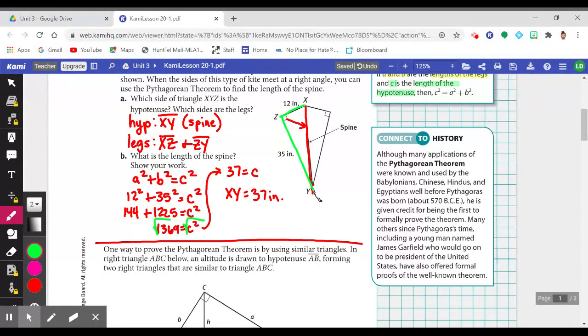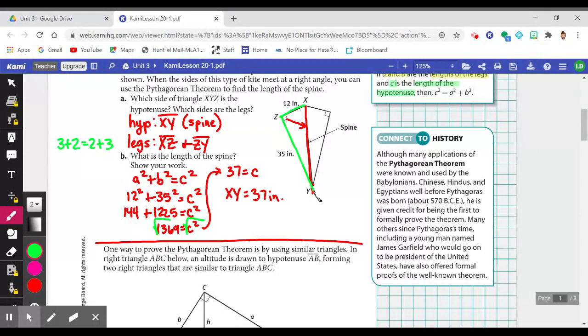One thing about the Pythagorean Theorem, other than making sure you plug in your values properly, is that it does not matter between the two legs what you call a and what you call b. This is known as the commutative property, such that 3 plus 2 is the same as 2 plus 3.